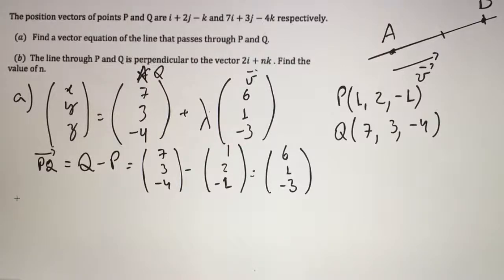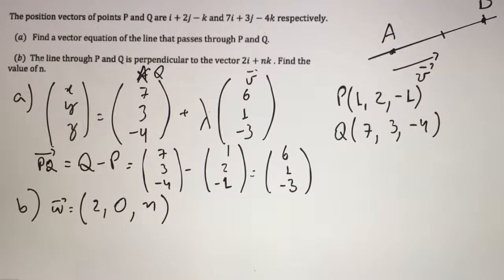For B, he's saying the line through P and Q is perpendicular to vector 2i plus nk. Find the value of n. Okay, so the vector 2i plus nk, I'm going to call this vector w. It has coordinates 2 in the i direction, 0 in the j direction, and n in the k direction.